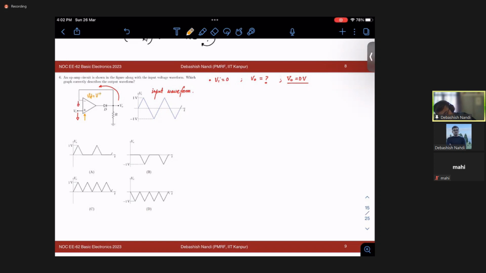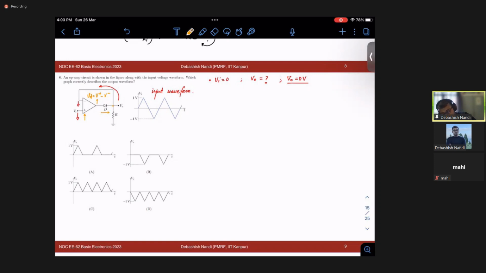VD is nothing but V plus minus V minus. VD is trying to increase, and as it is trying to increase, this is trying to be positive. Some very minuscule also, but it will be some positive value. So my diode will be on, right? Because earlier my V naught was 0.